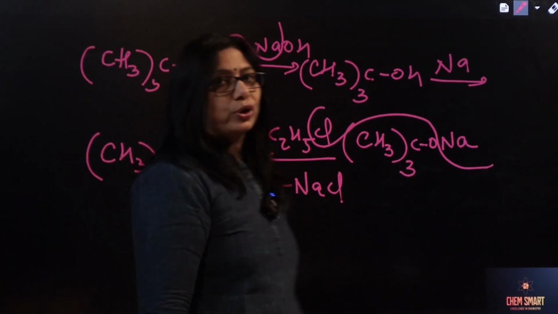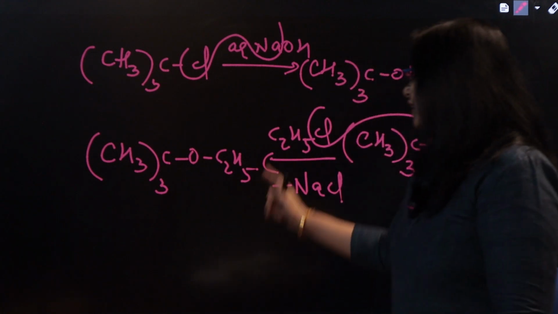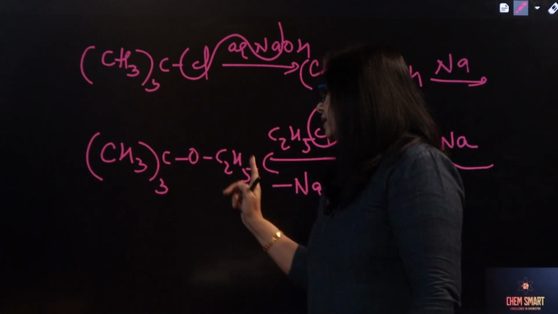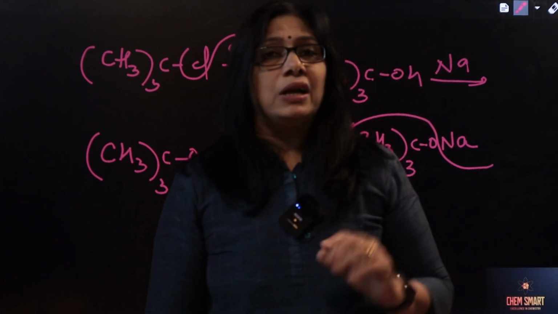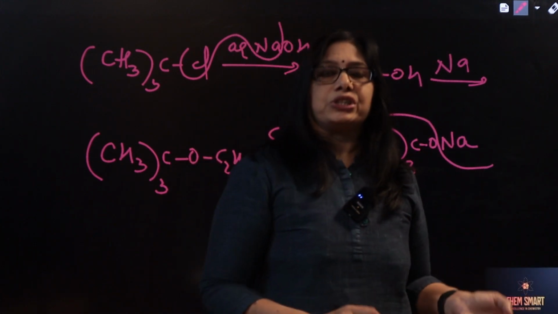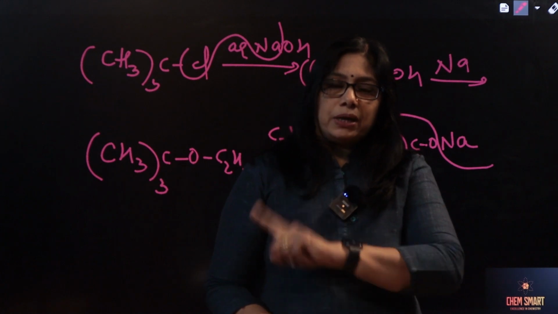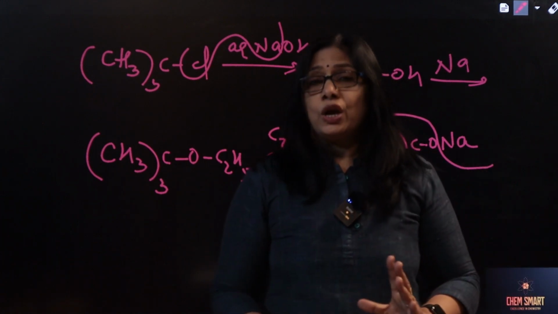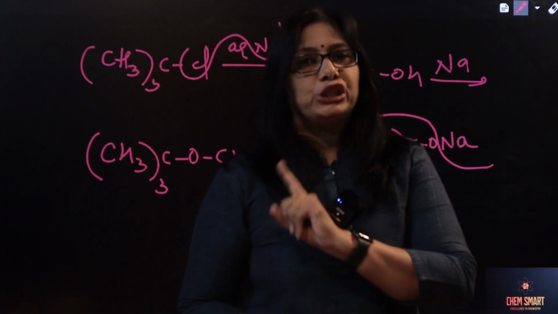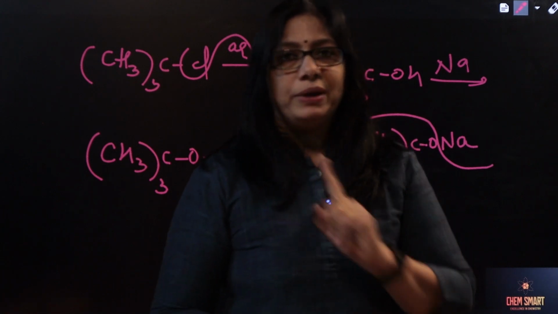Now you got your ether, right? You got tertiary butyl ethyl ether. So practice this question very well. I have already told you in the previous session also, this application is very common in recent years, in most of the papers. Make sure to practice. Otherwise, you will be in trouble.